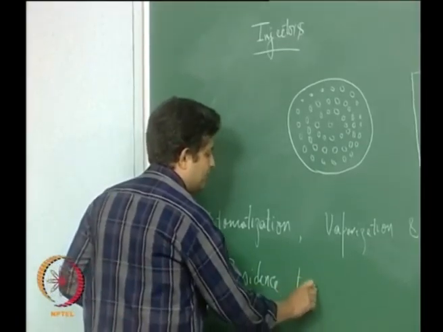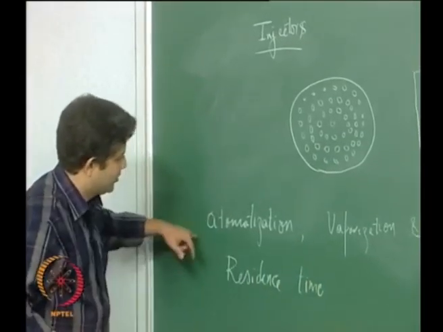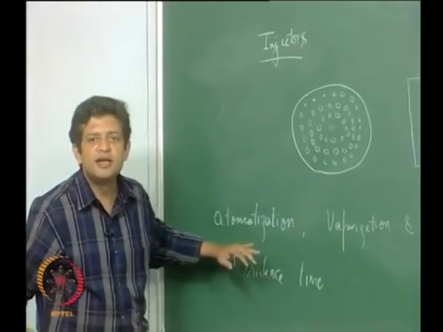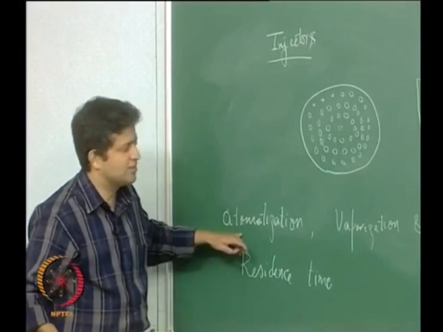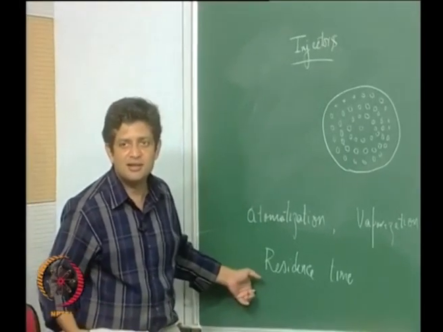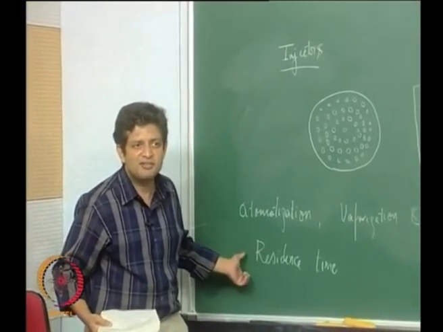So all these processes need to be completed within this residence time, or a large fraction of this needs to be completed within this residence time, so that the combustion efficiency is high.